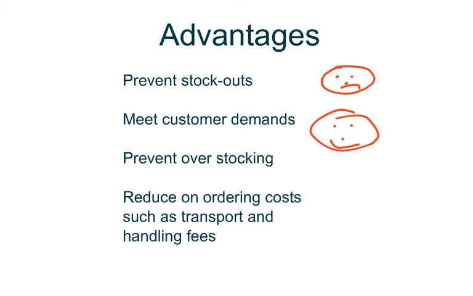We don't want to overstock, because to overstock will cost you a lot of money. And we want to reduce ordering costs, such as transport and handling fees. If we place too many orders, we will have to pay a lot of transport and handling fees. So we really want to reduce our ordering cost also.